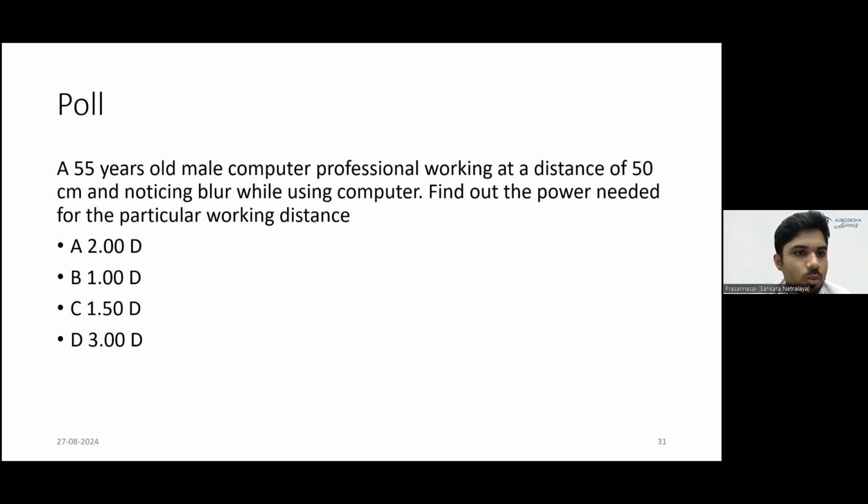A 55 year old male, his current working distance is 50 centimeters. How much add power would be needed for the patient to comfortably work at that specified working distance? Yes, 2 diopter, that's the correct answer. That means the reciprocal of 50 centimeters, that's the add we needed. So 100 by 50, 2 diopter. 2 diopter is the right answer.